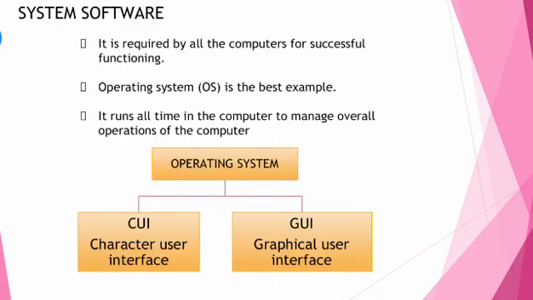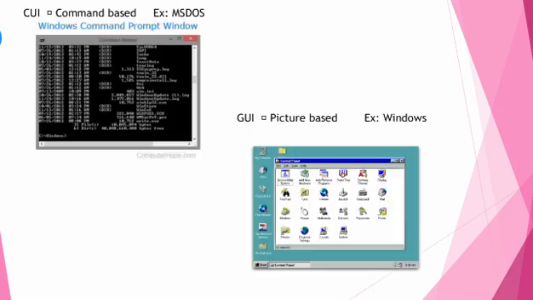Next, what is system software and what is its example? Then the operating system, which is classified into two types: character user interface and graphical user interface. The example of character user interface is MS-DOS and the example of graphical user interface is Windows. Once again, check your notes whether you have taken everything.